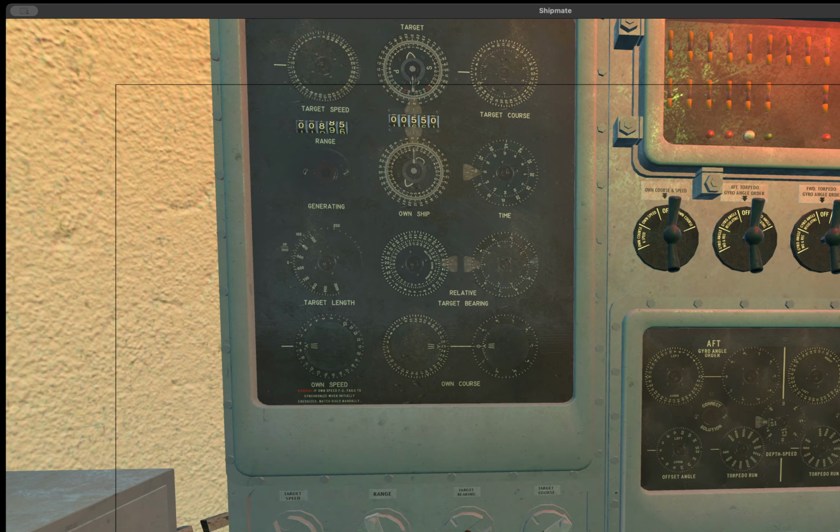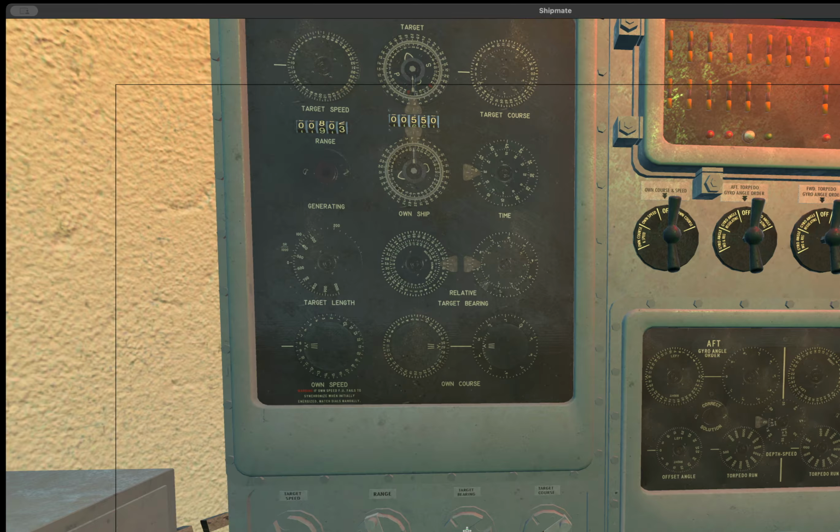With Shift, it changes maybe by 20, but a small wheel change is 0.5. It's 50 minutes. So we can see what this value is here.